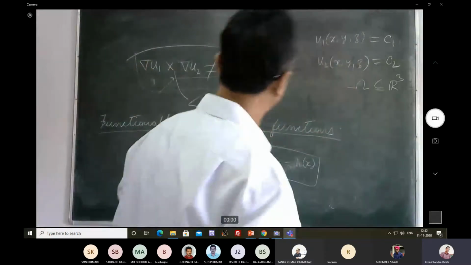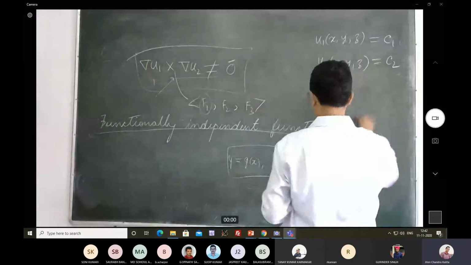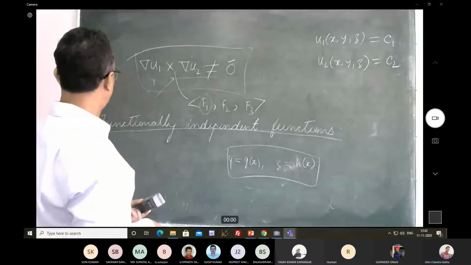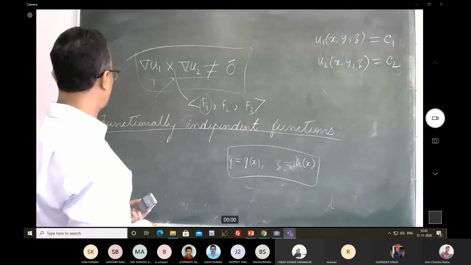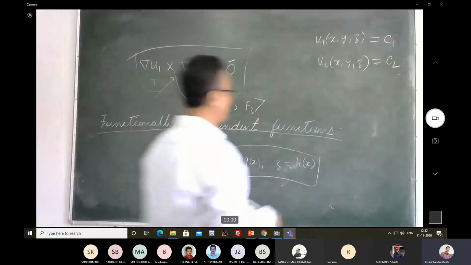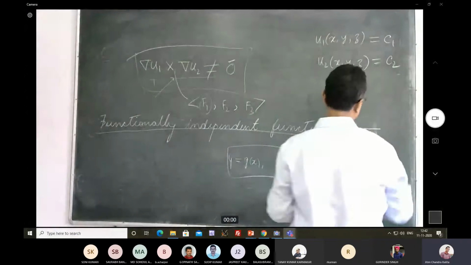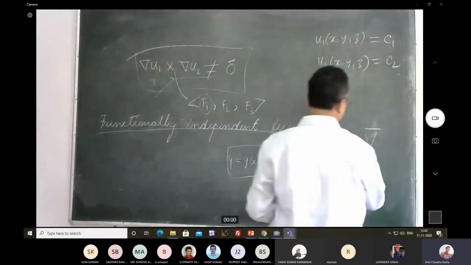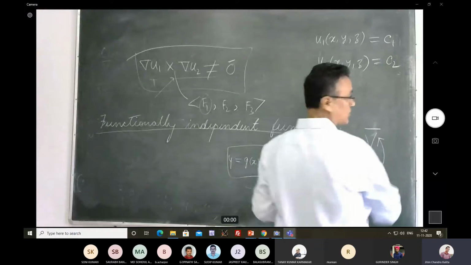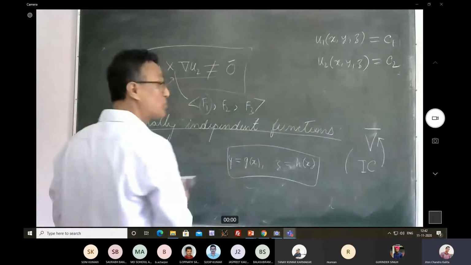So now let me try to find out the relationship of this definition with a vector field or with an integral curve of a vector field, whether we can do it or not.